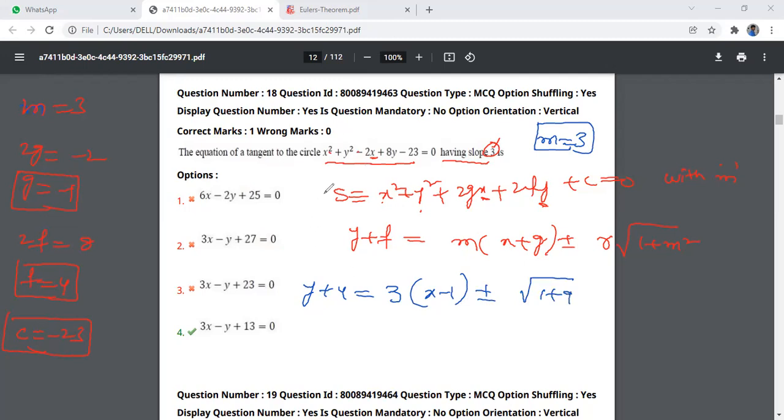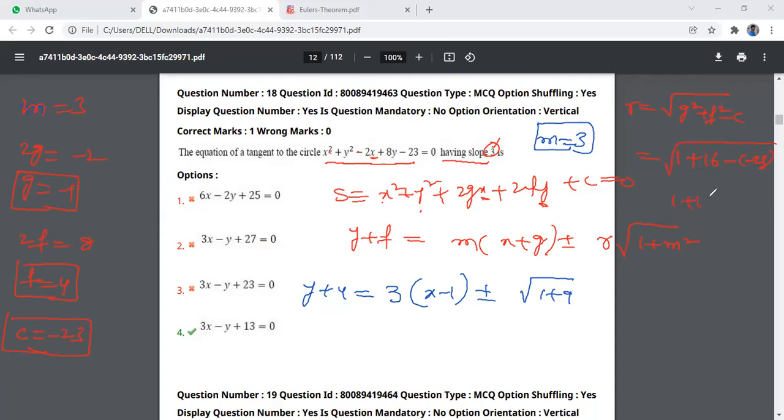Okay, what is r? I'm writing the formula here. r is equal to under root of g square plus f square minus c. We already know g value is minus 1, minus 1 square means it will become plus 1. f square means 4 square, 4 square means 16, minus of minus 23 because c value is minus 23.